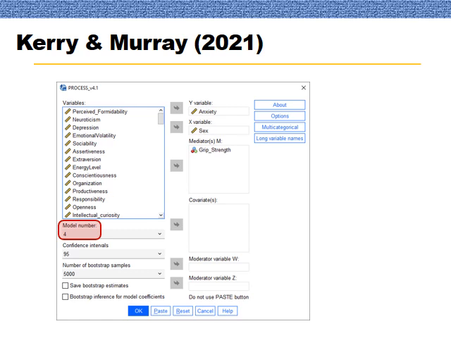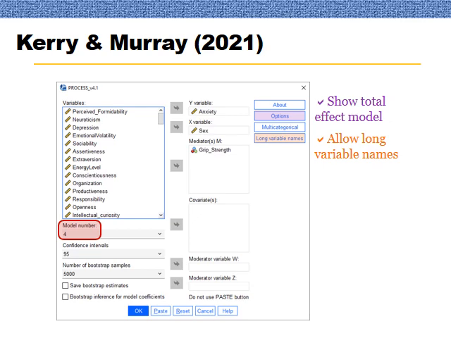Our y variable is anxiety score, where higher numbers indicate higher levels of anxiety. And our mediator variable m is grip strength, where higher numbers indicate greater physical strength. We've got some long variable names here, so we need to make sure that we allow those long variable names in process.